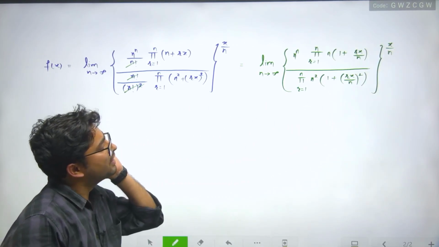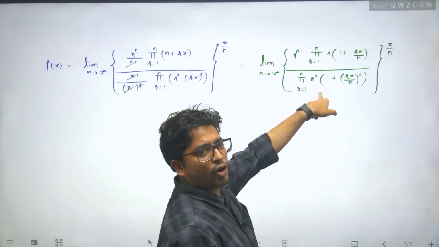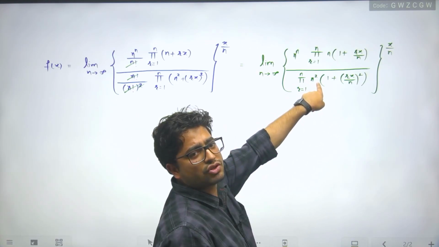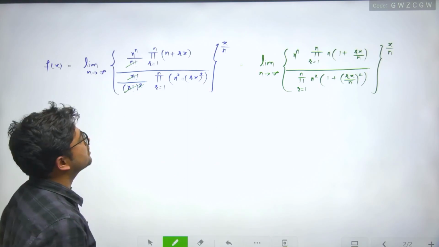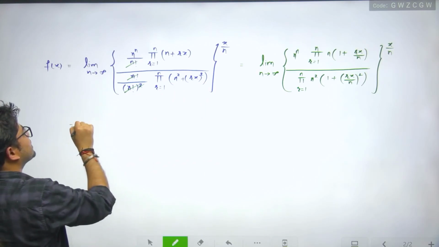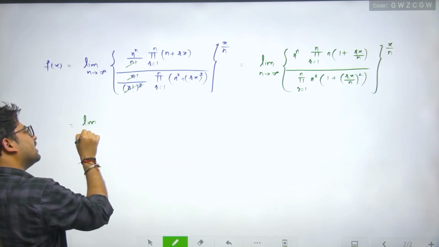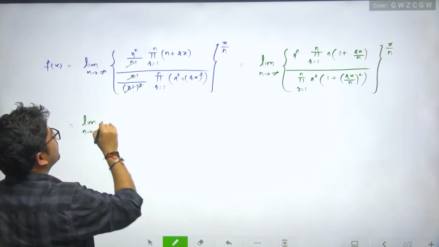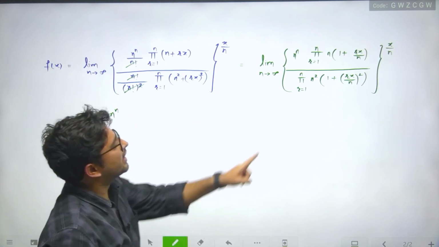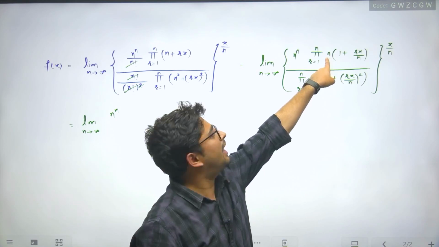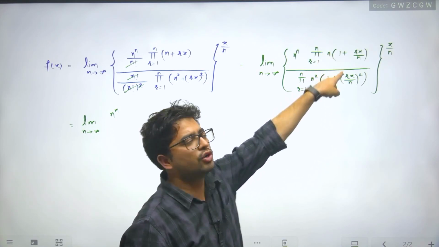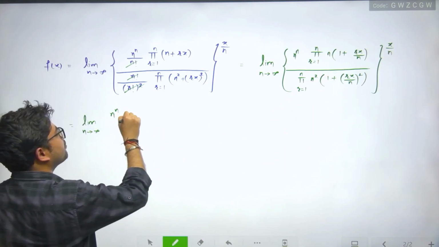Got it? Now, sir, this is in the product. So how many times do you have n square? N times. So that can be written as limit n tends to infinity, n power n, because n into n into n, n times, is n power n.